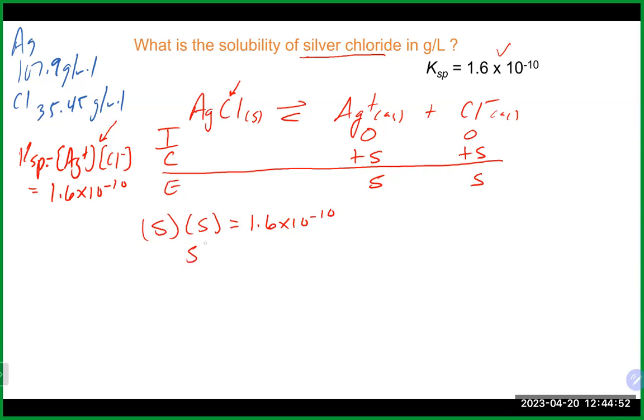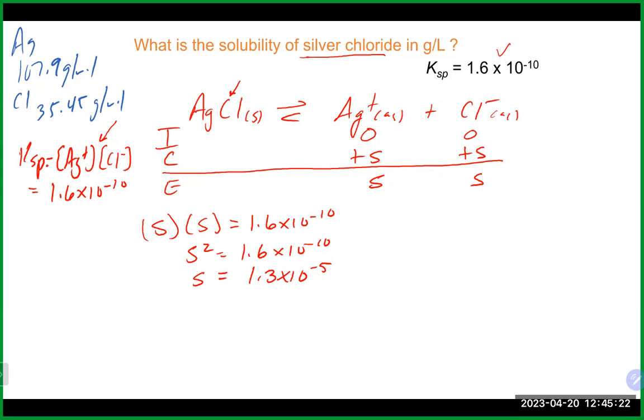That then gives us S squared equals 1.6 times 10 to the minus 10, and taking the square root of that will get us about 1.3 times 10 to the minus 5. Any questions on that so far?